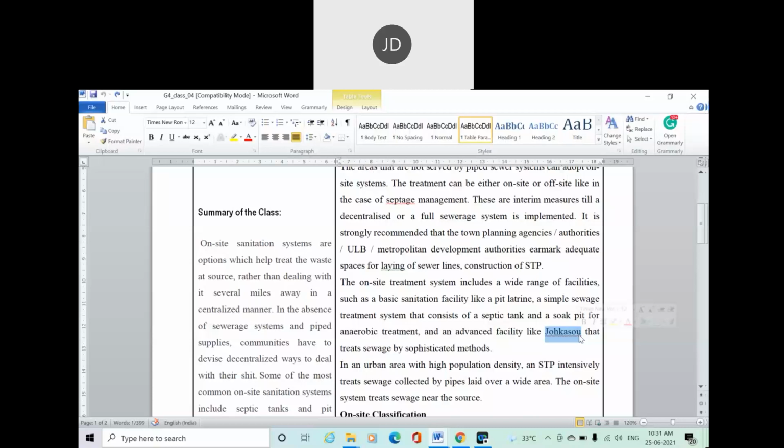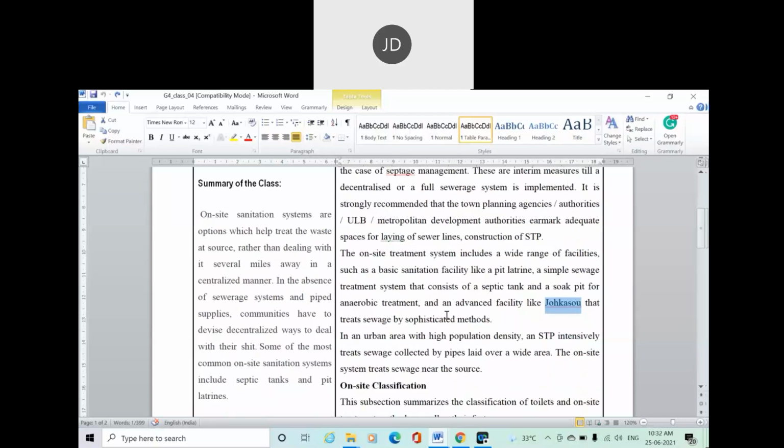So a pre-manufactured treatment unit also comes, basically designed by this Jokaso technology. We'll discuss that in coming classes. Anyway, it's a new tech proposed by the Japanese.